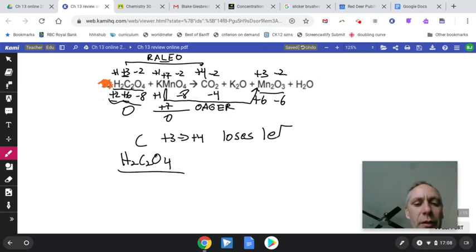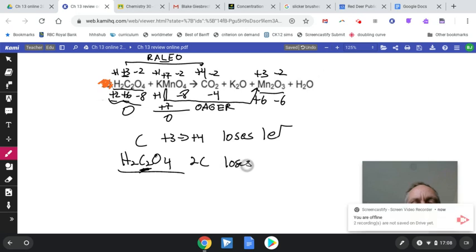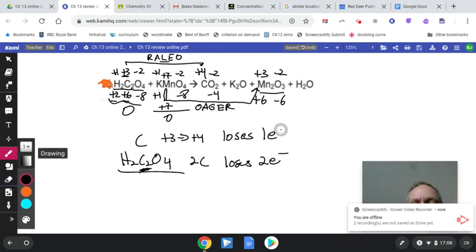And the whole molecule, because there are 2 carbons, loses 2 electrons per molecule. Hopefully that makes sense. So loses 1 electron per atom, loses 2 electrons per molecule.